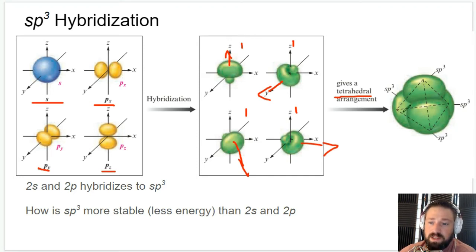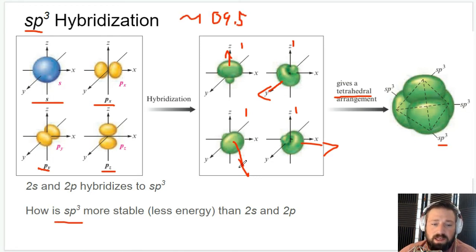Anything that has 4 bonds or 4 electron groups is going to have sp3 hybridized orbitals, and that's what gives the electrons the geometry and all of the bond angles. So sp3 hybridization is going to have a bond angle of roughly 109.5 degrees.